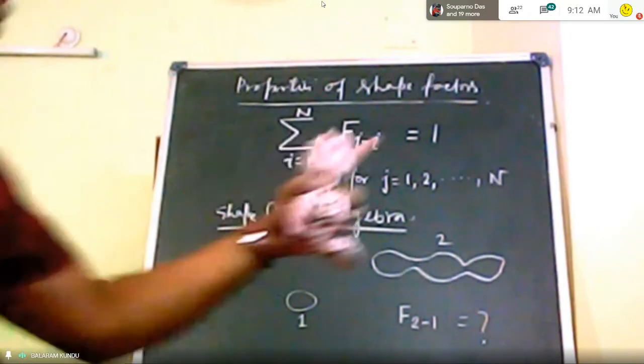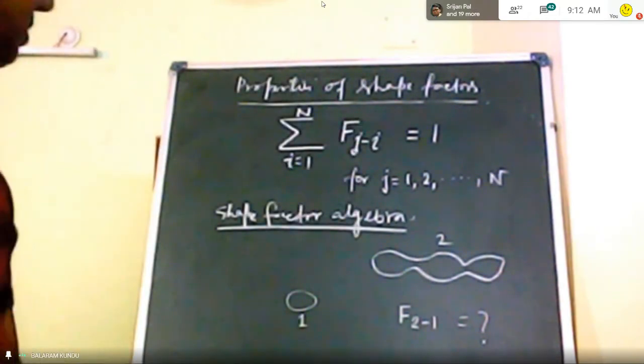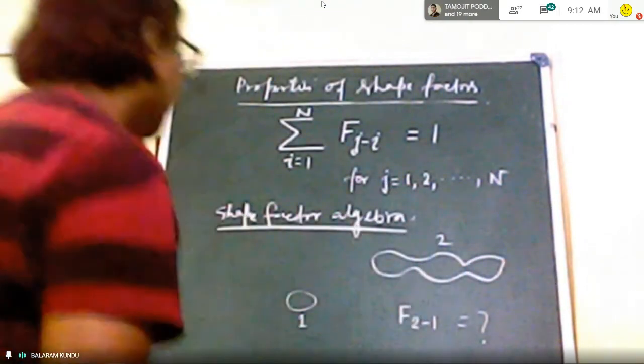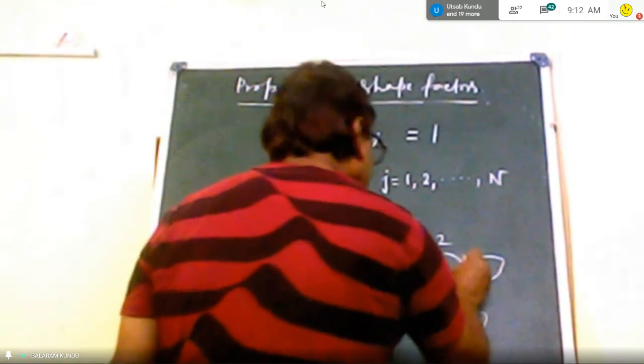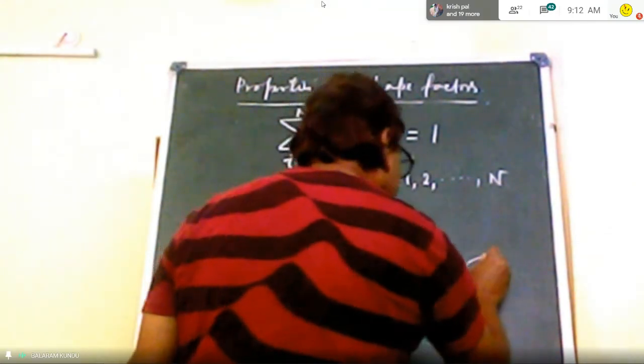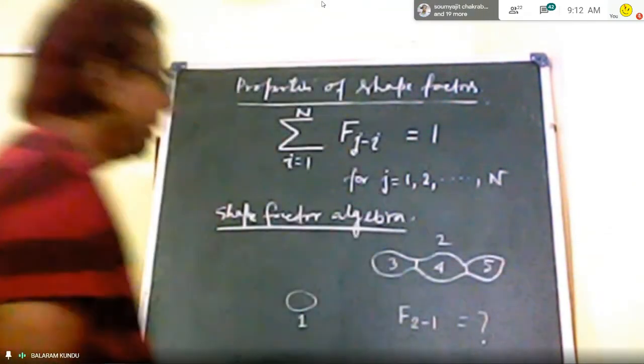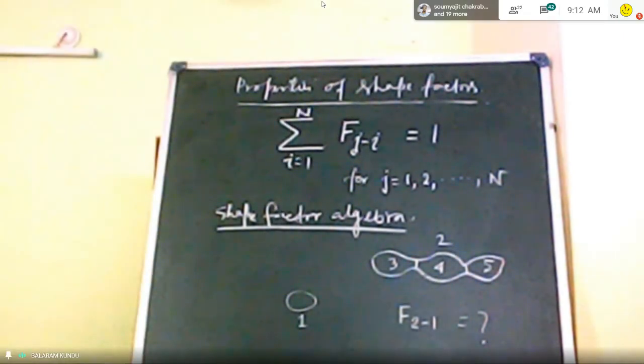So in that case, we can split up surface 2 in this way. Say this is your part 3, this is part 4, and this is part 5. Any convenient number you can consider, depending upon the shape of the surface, maybe 2, 3, 4, whatever you like. You can split the surface area A2.